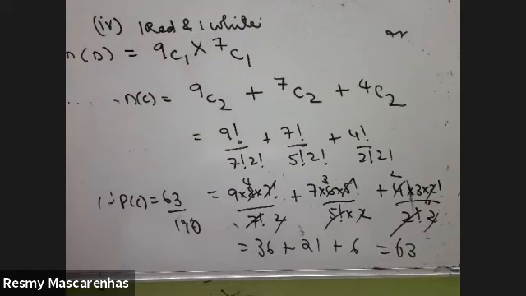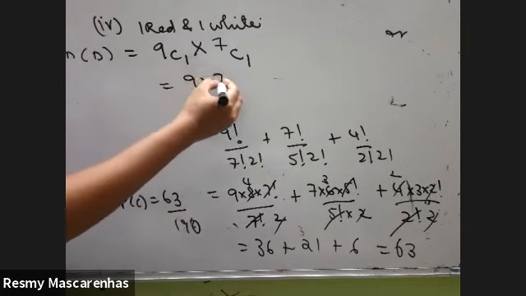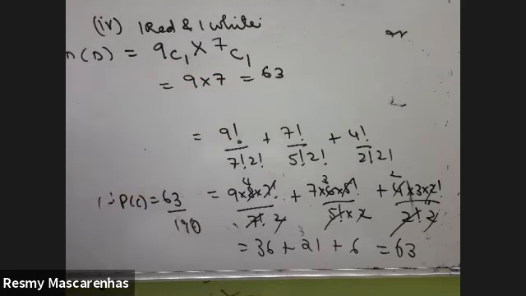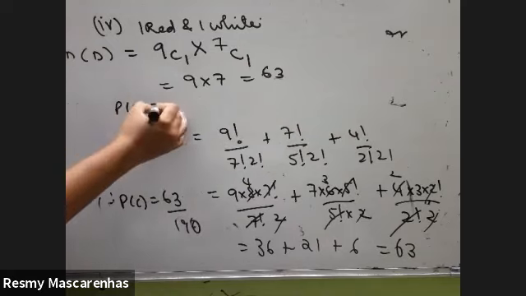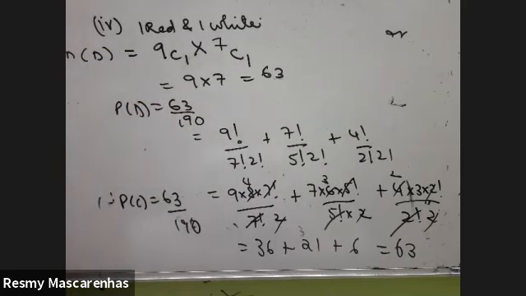So that's N of D. So 9C1 is anyways 9. Similar answer you'll get. P of D will be 63 upon 190.